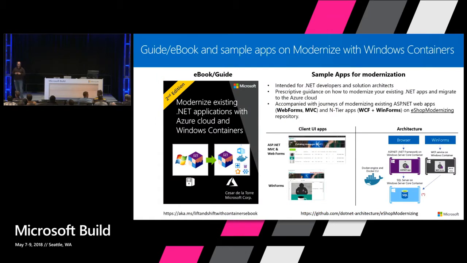This is the ebook I was mentioning, focusing on how to modernize these .NET applications with containers. The reference apps are an ASP.NET MVC application, a traditional WebForms application, and also WCF, and how you can containerize that with Windows containers and run it in multiple environments in Azure.